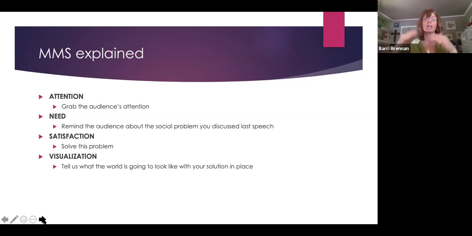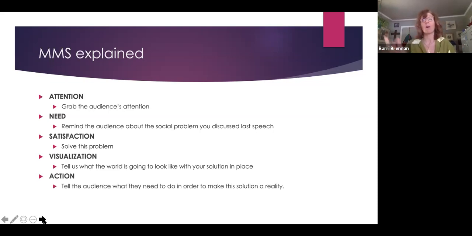So we need to imagine what the world is going to look like with your solution in place. That's really going to prove to us that your solution can work. It's futuristic. You're imagining what the future would look like. What would the world look like if we implemented this solution? What would we feel like? What would the world look like?